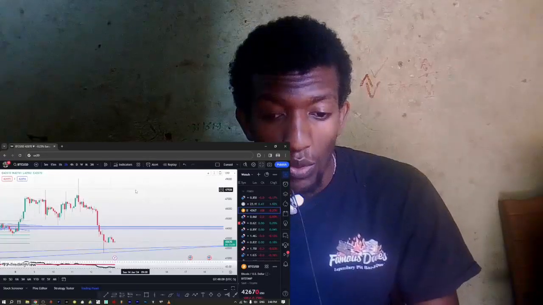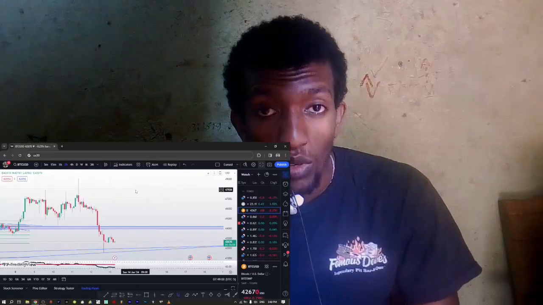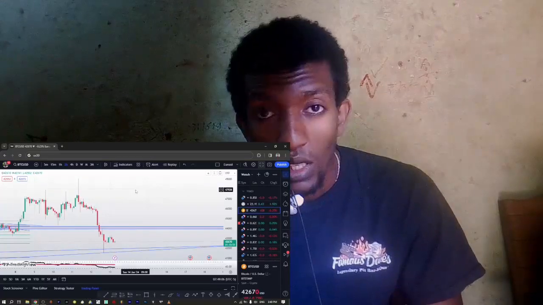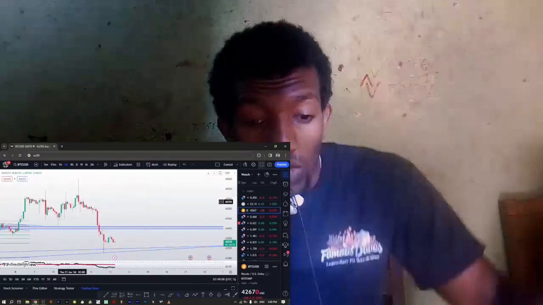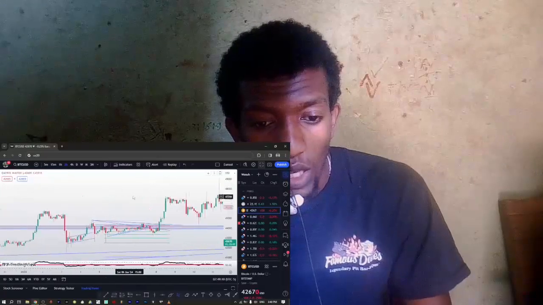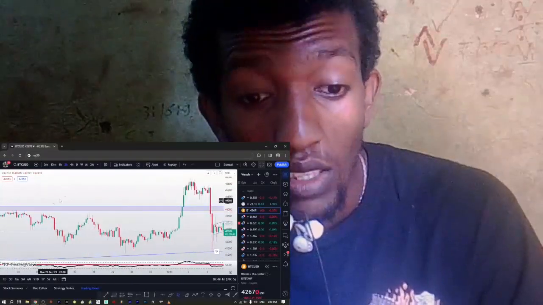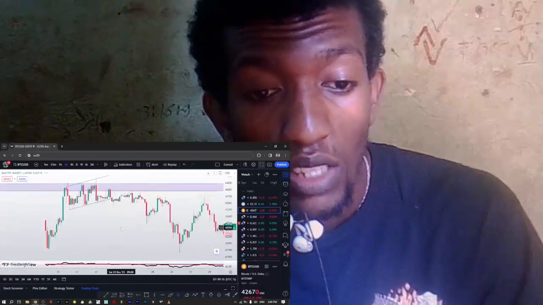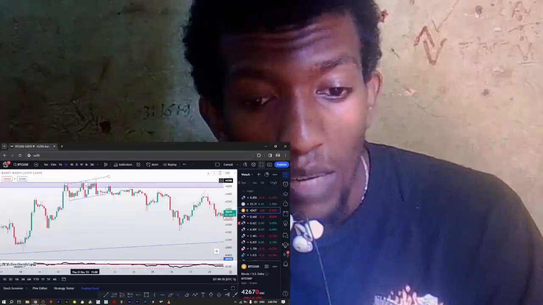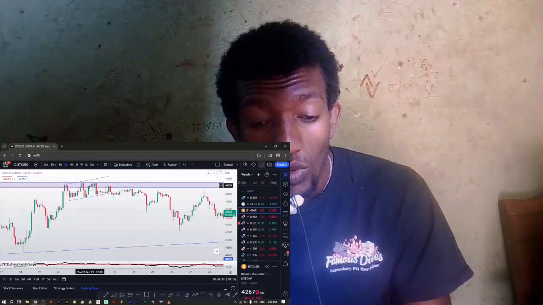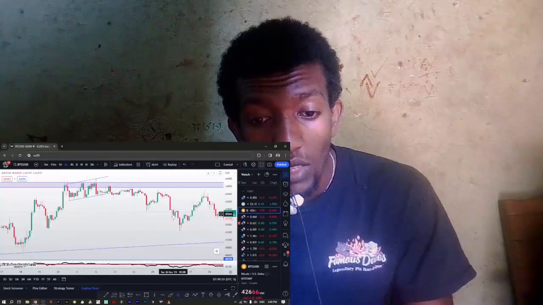You can use what is going on now to test your strategy, but most traders use the previous data, like this one. They scroll to the left and see what is going on. As you can see here, this supply zone or this box that I drew has made the price go down.